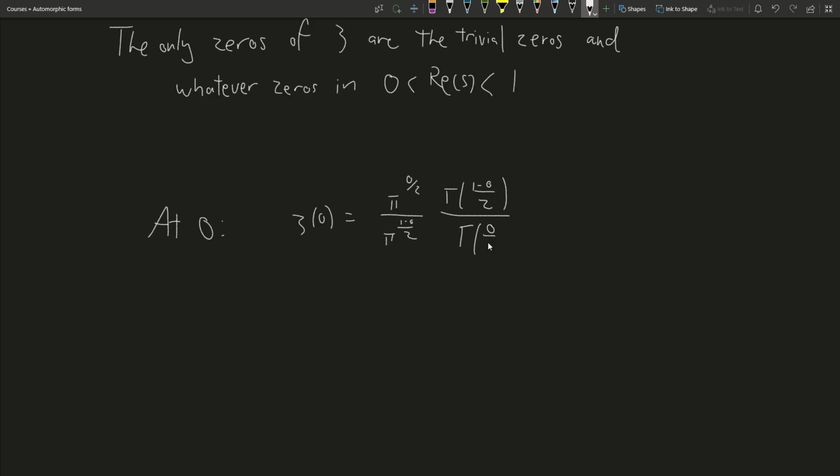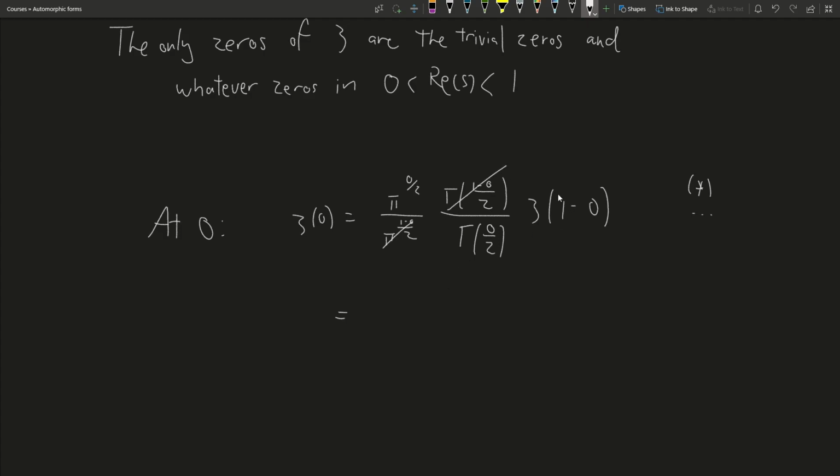Forgive me for writing it this way. So what's going on here? Well, the pi doesn't appear. Gamma of 1/2 is square root pi. So in fact, these two things cancel out.